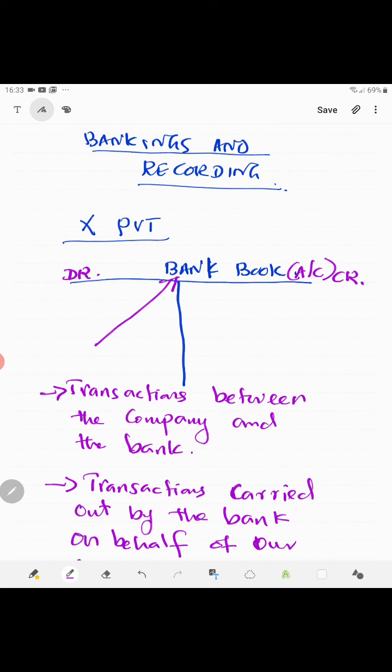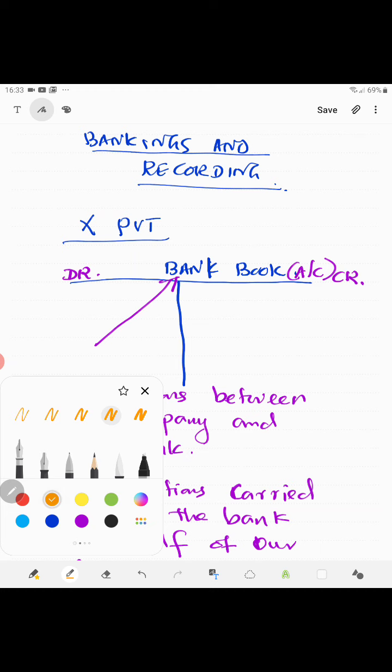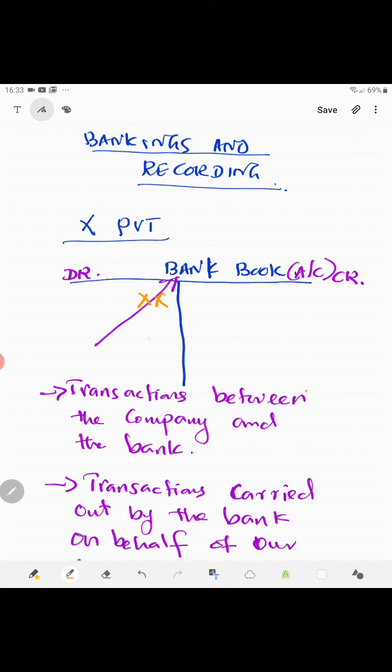On the debit side, any deposits or any transaction which will increase the favorable balance in the bank, we will record here. And if we make any payments or any withdrawals from the bank, we will record it on the credit side.